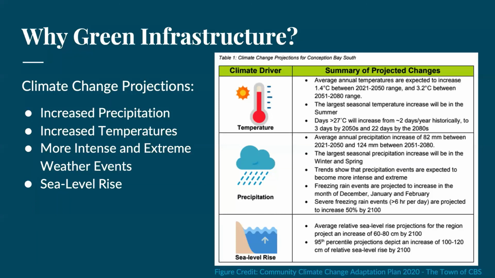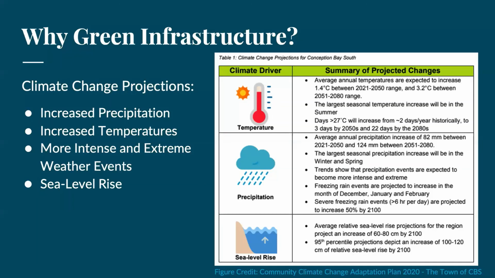And then some freezing rain events are projected to increase in the months of December, January, and February. And we know that severe freezing rain events bring with them all kinds of issues with regard to our electrical power outages, that kind of stuff, and other damages as well. So they're expected to increase to more than 6 hours per day, about 50% by the year 2100.